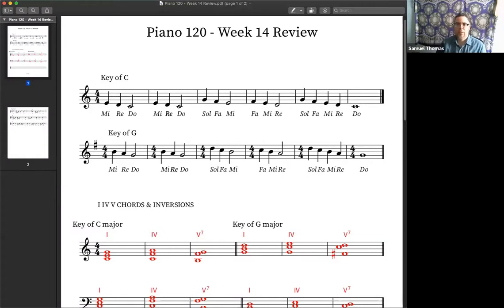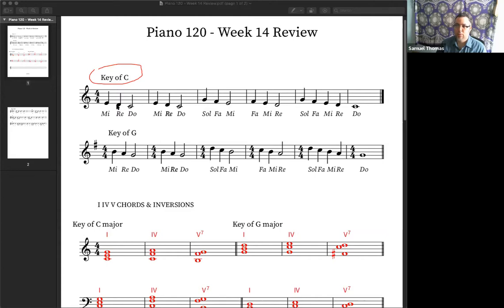So here we can see that we are in the key of C. Here's a little simple melody that I'm going to make a sing-along for, but you can see that the syllable mi is applied to the note E, re is to the note D, and then the note C, do.